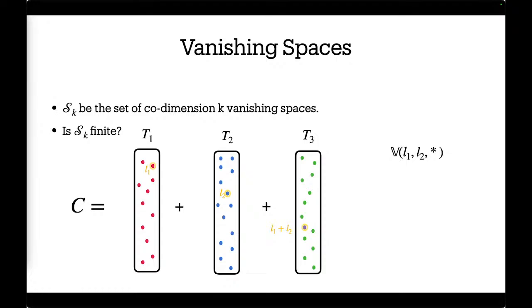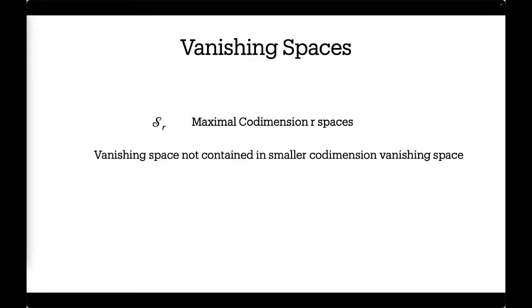So if I'm trying to find a codimension 3 space, the third linear form is anything. Pick whatever you would like, right? But this is not a big issue, because L1, L2 are still linear forms in the circuit, and you can just handle it by adding another word in your definition, which is maximal. And you say that we will only look at vanishing spaces that are not contained in the smaller vanishing spaces.